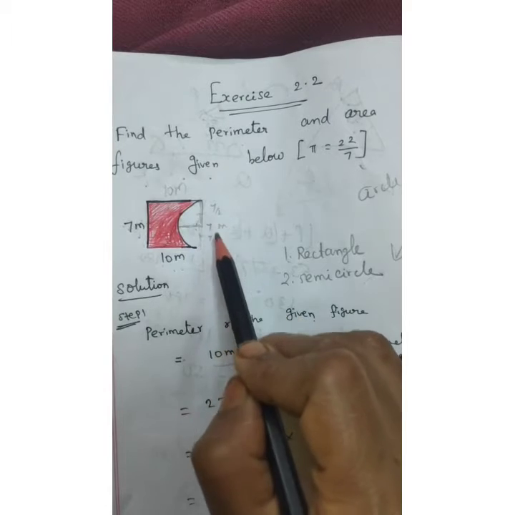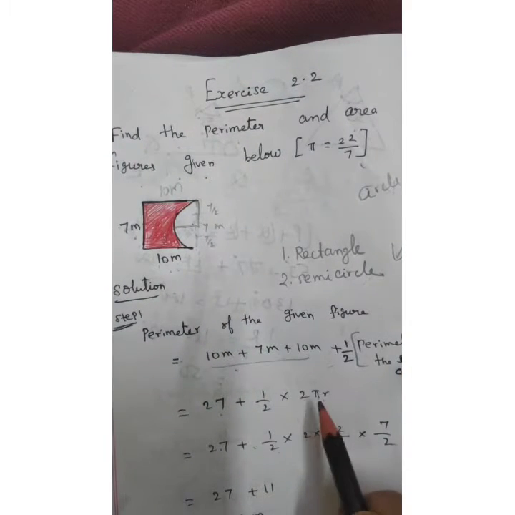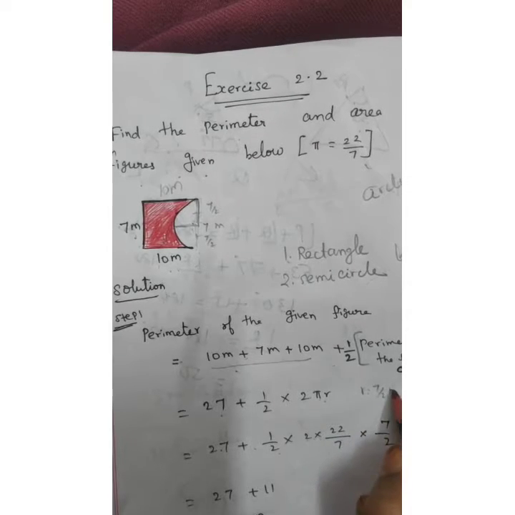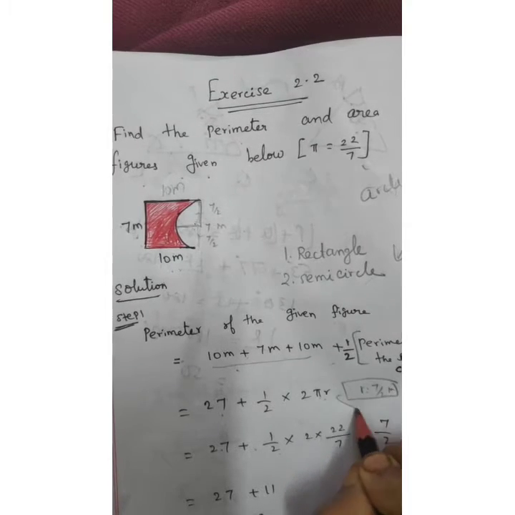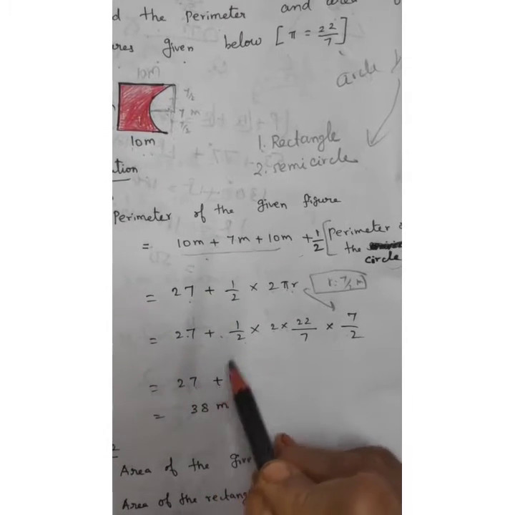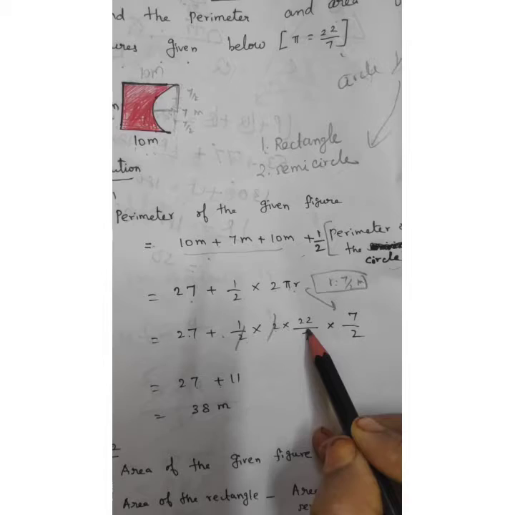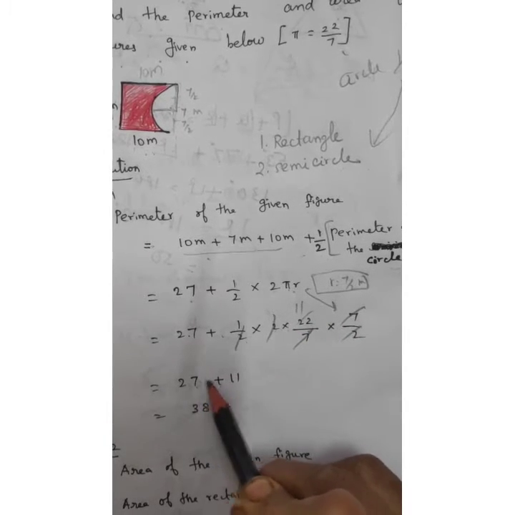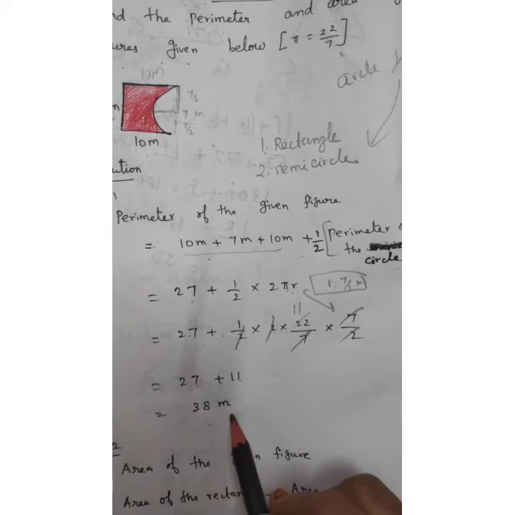So r equals 7 by 2 meters. Substitute this value here: 27 plus 22/7 into 7/2 into 2. The 2s cancel, the 7s cancel, and 2 elevens are 22, so 27 plus 11 equals 38 meters.